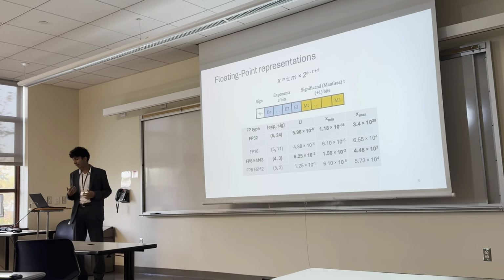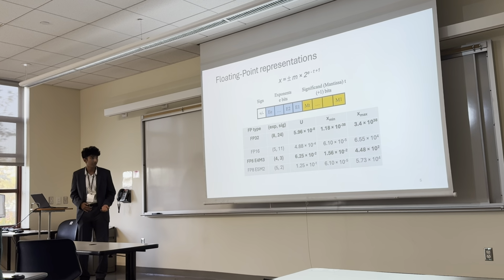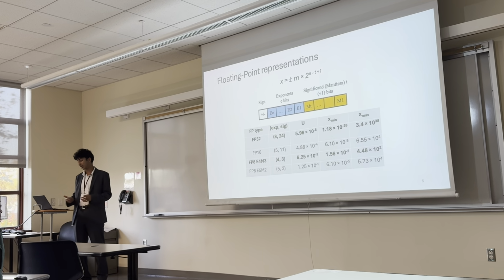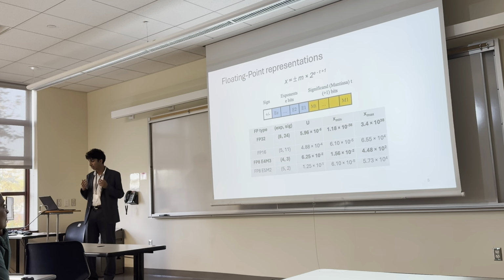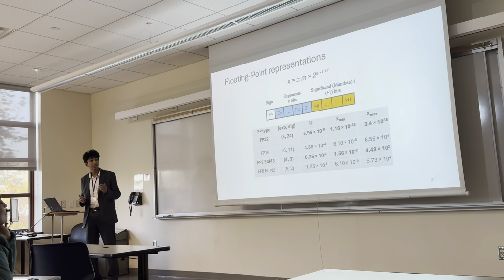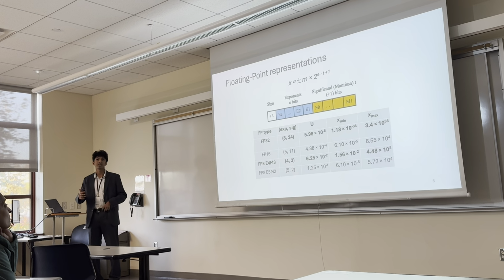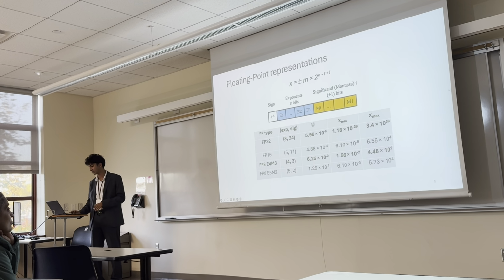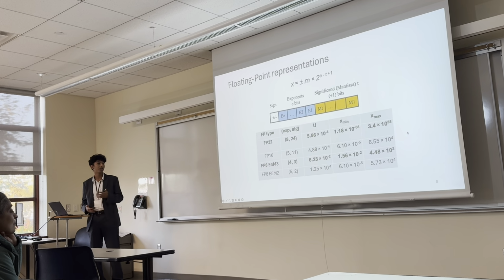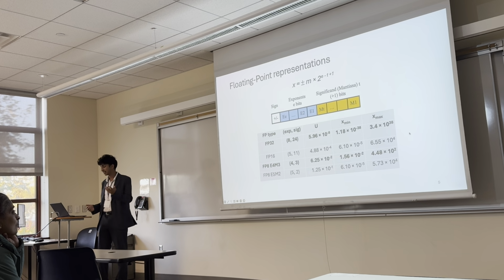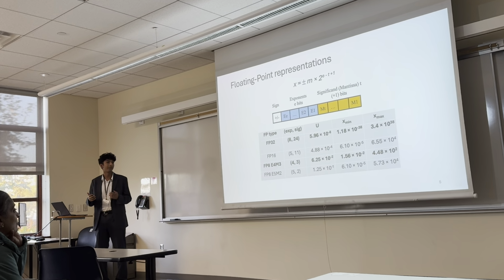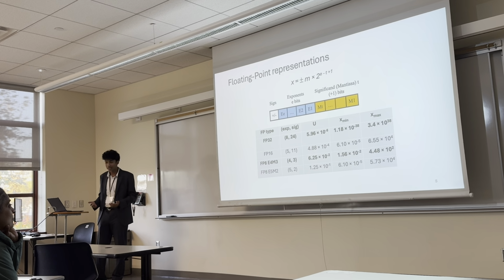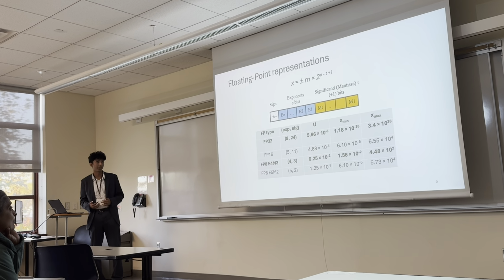So if we compare FP32 to FP8, for example, we see that since FP32 has 4 more exponent bits, the maximum value is 10 to the 36 times greater, as you can see by these two values. And since it also has a lot more significant bits, the step, which is the maximum error caused by rounding, is a lot less compared to FP8.